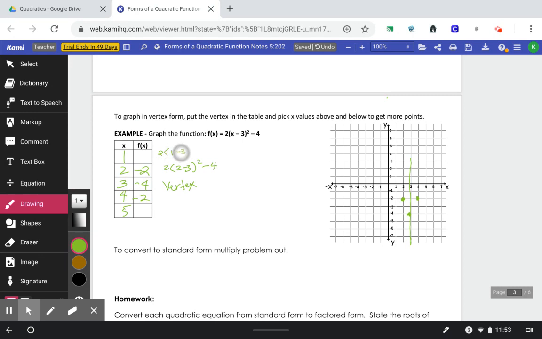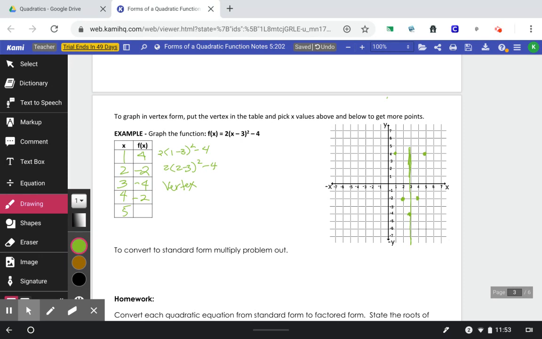All right, now let's plug 1 in. So 2 times 1 minus 3 squared minus 4. 1 minus 3 is -2. -2 squared is 4. 2 times 4 is 8. 8 minus 4 is 4. So I can plot the point 1, 4 right here. This is 2 units to the left of the axis of symmetry, so I can plot another point 2 units to the right of the axis of symmetry.